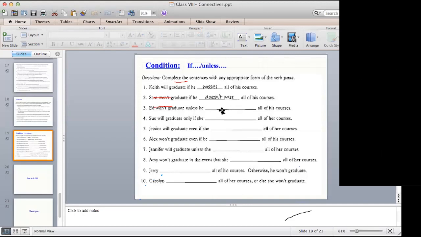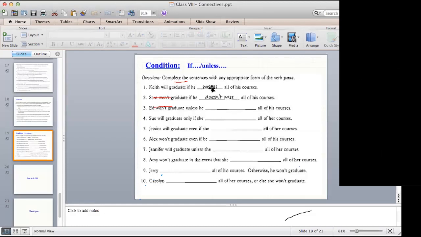But Kate will graduate, no negative, if he passes all of his courses. Okay, so you have to be careful about if and unless, because unless means if not. That's it. So you have to be careful about the negation or negative form.